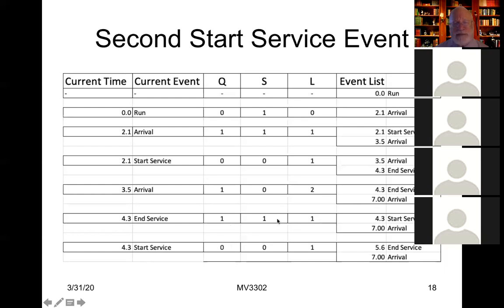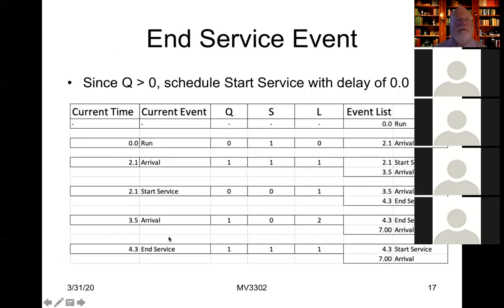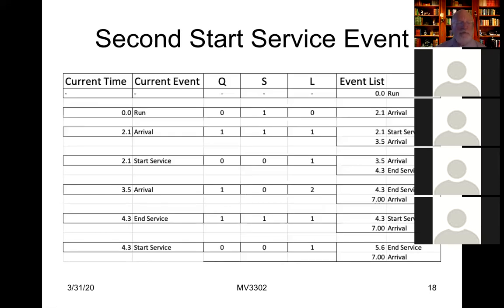It decrements S, which goes from 1 to 0. The values have changed, but the value of L hasn't changed. The next service time is 1.3, and 1.3 plus 4.3 is 5.6. So it will schedule the next end service event at time 5.6. And again, the arrival at time 7 is not affected.